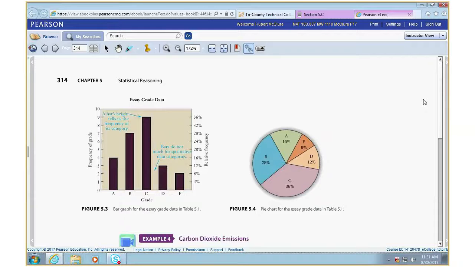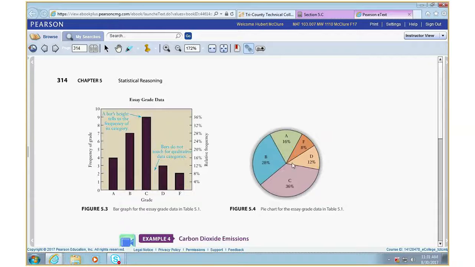And it even says right here, bars do not touch for qualitative data categories. A histogram, this D and this C and this B and this A and this F, they're all squished together. You'll see it whenever we get to histogram, you'll see the difference.